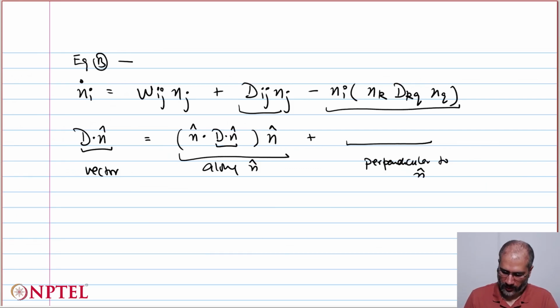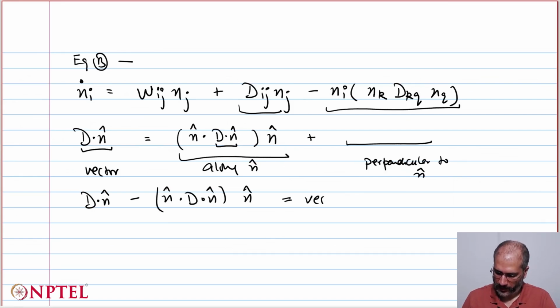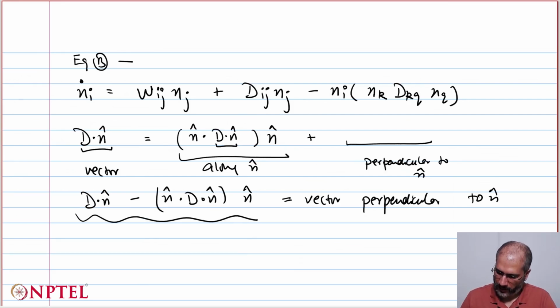So what we notice is that d·n̂ minus (n̂·d·n̂) times n̂ is a vector which is perpendicular to n hat. Now this quantity is the same as this quantity.